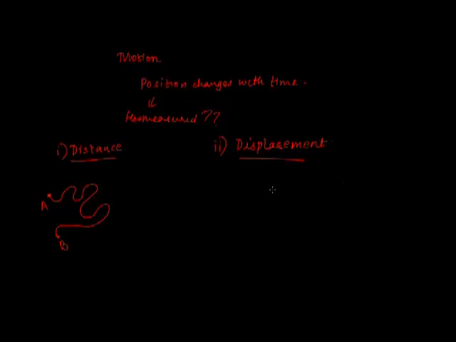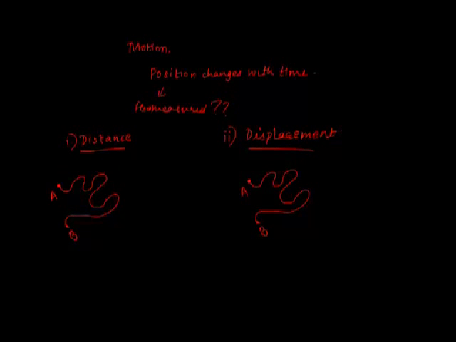Now what is displacement? Suppose, let's take the same picture. Now let us consider the same path, and displacement is defined as the shortest distance between the initial point and the final point.